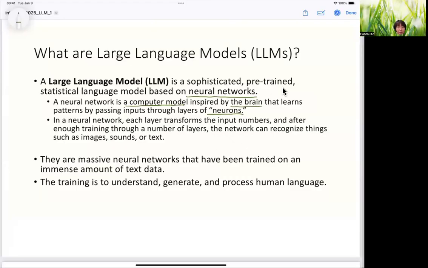In a neural network, each layer transforms the input numbers, and after enough training through a number of layers, the network can recognize things such as images or sounds or text.